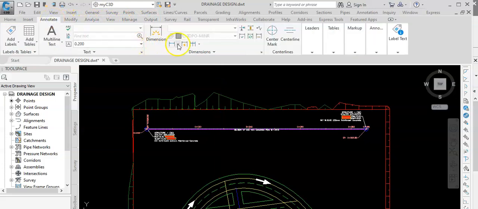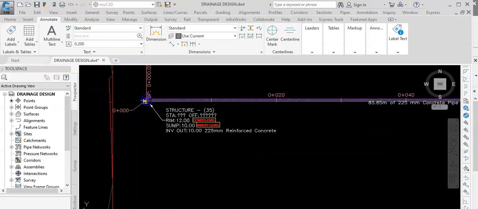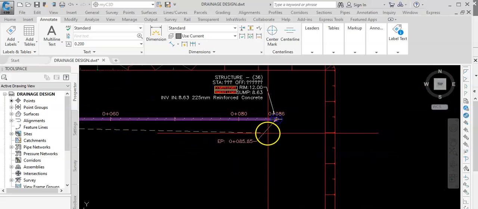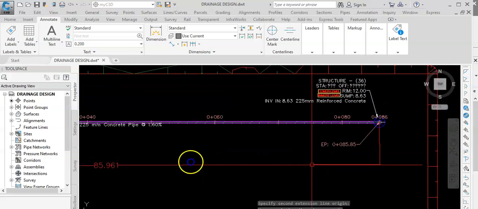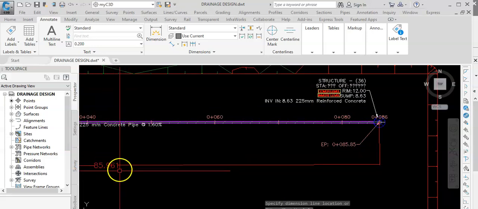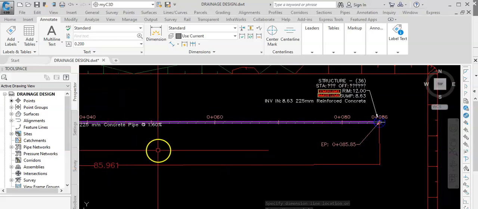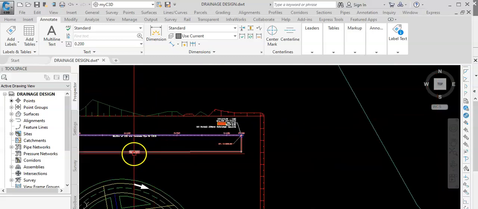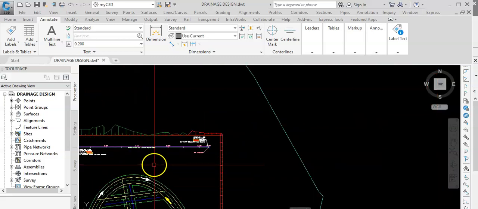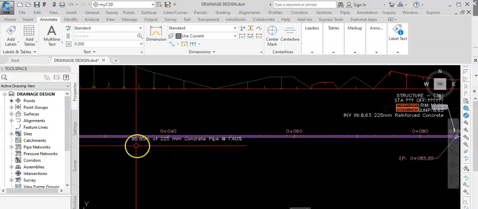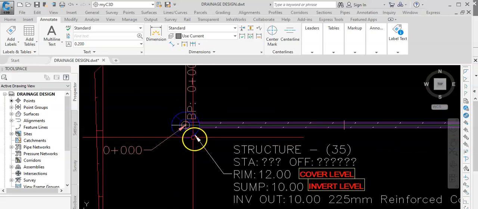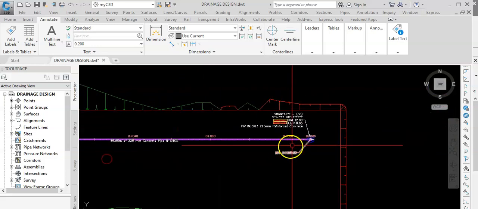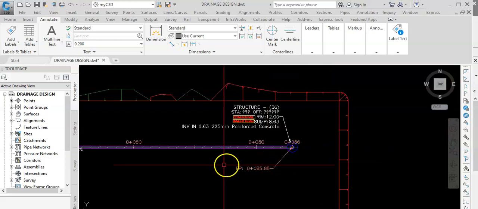For example, if I don't have the length here, I go from there to there and I will get 85.9 or 45, approximately. So now we know how to get the length, the distance between one manhole and another manhole.